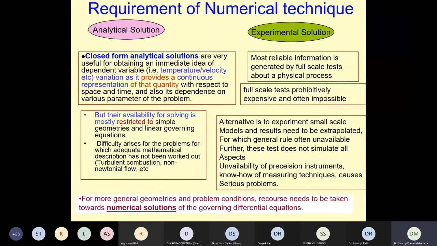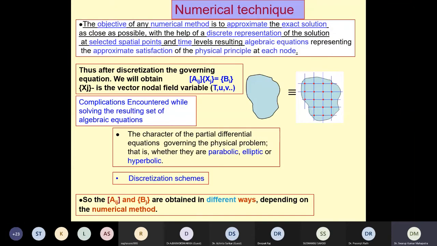And when an analytical solution is not available, there is no choice for us, and we have to undertake the numerical solution. Okay, so what is the numerical solution all about? Just for understanding, any domain has an infinite number of points and data of flow variables.